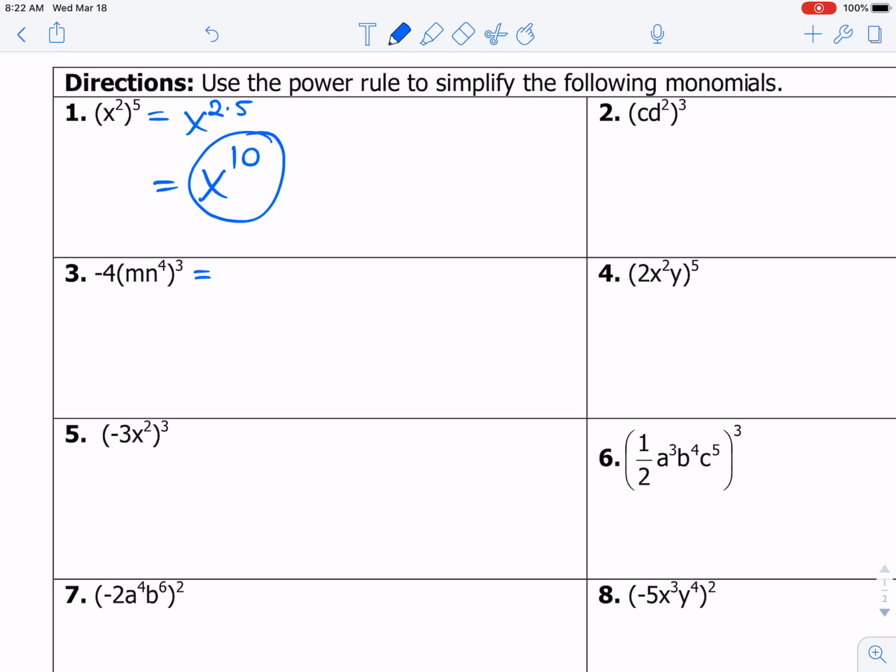Now negative 4 is outside of the parentheses, so that exponent does not apply to negative 4, so it stays the same. So then I have m to the 1 times 3 and n to the 4 times 3. So this is equal to negative 4 m to the 3rd power n to the 12th power.